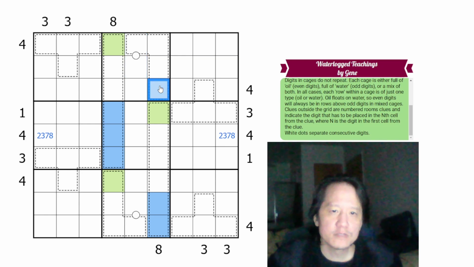So because we know this is odd, these two are at most odd, so therefore that's even. So then this one could be even, even, even. That's possible.